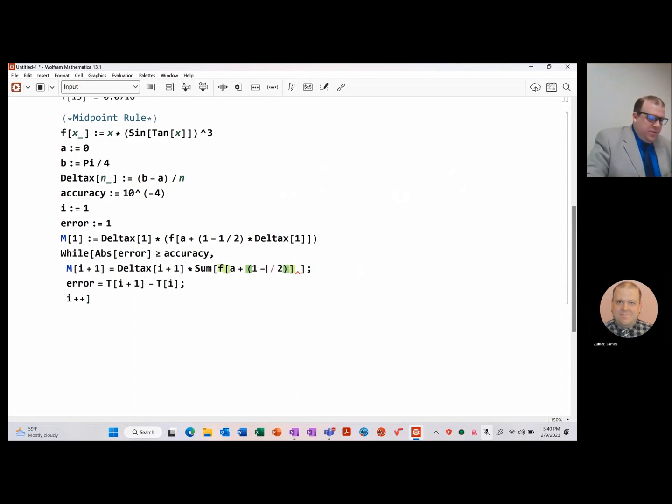No, it's not J over 2. It is a half. It's J minus a half. Yes, it is. And it's F of A plus the quantity J minus a half times our delta X.